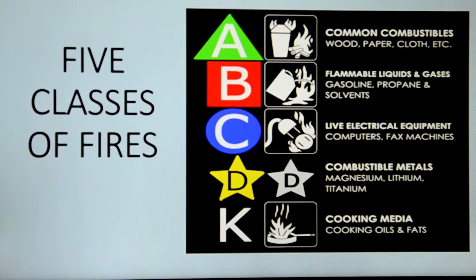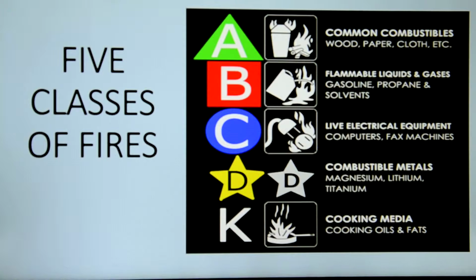There are 5 classes of fire: A class, B class, C, D, and K. Your A class fires consist of common combustibles: wood, paper, cloth, etc. B class is flammable liquids and gases, such as gasoline, propane, diesel, and other solvents.